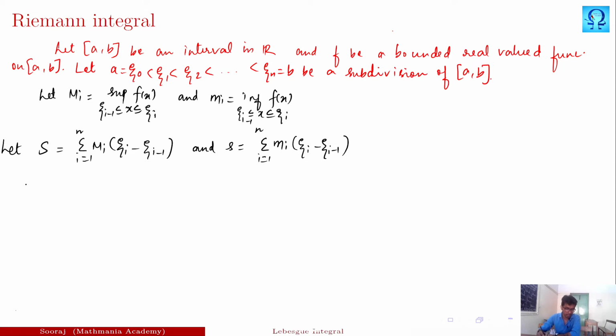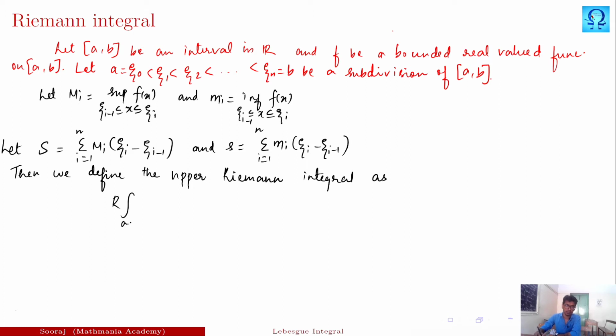With the help of these two things, we define the upper Riemann integral, the integral from a to b with an upper bar, of f(x) dx, as the infimum of the upper sums.